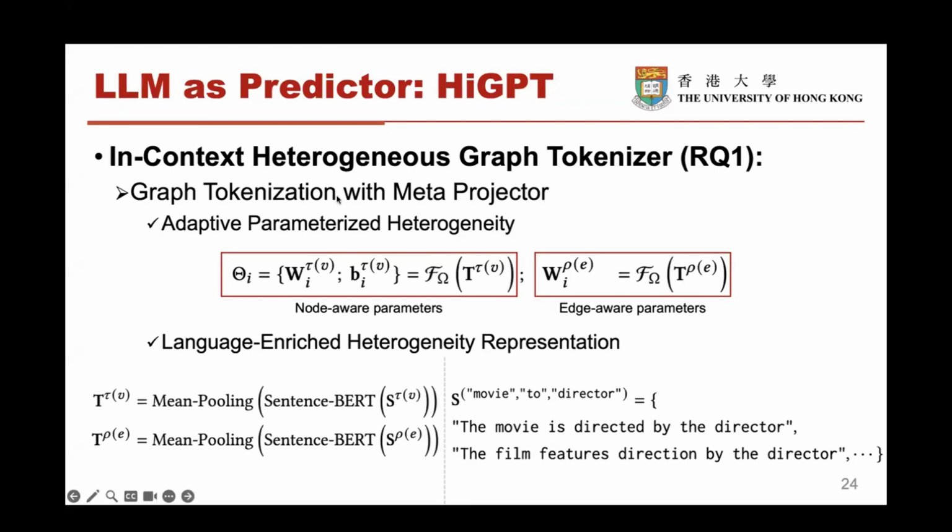For example, for a specific edge type relation that is movie to director, we can describe this type of edge using a sentence like, the movie is directed by the director.